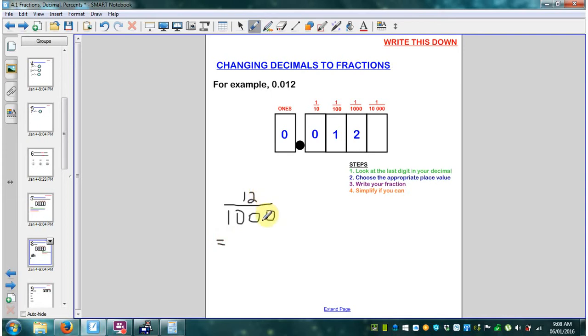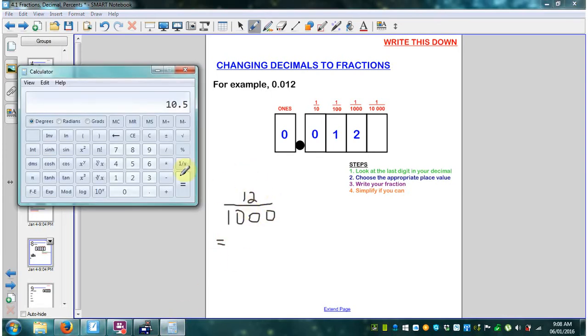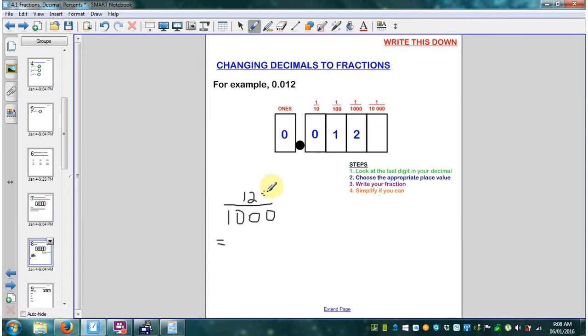The way I would simplify this, I see 12 is an even number and 1,000 is an even number. So I'm going to go 12 divided by 2 to give 6 on top, and 1,000 divided by 2 is 500.